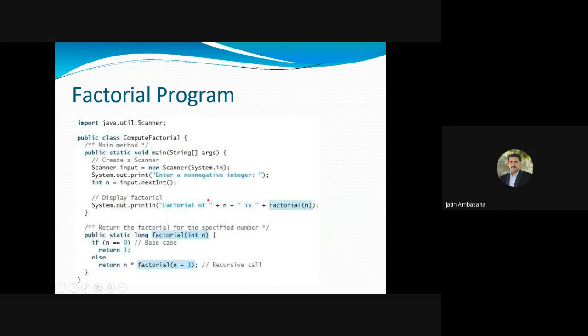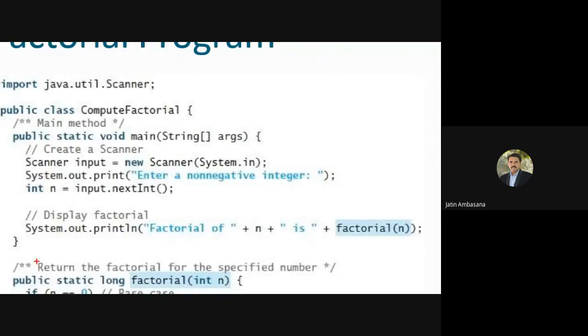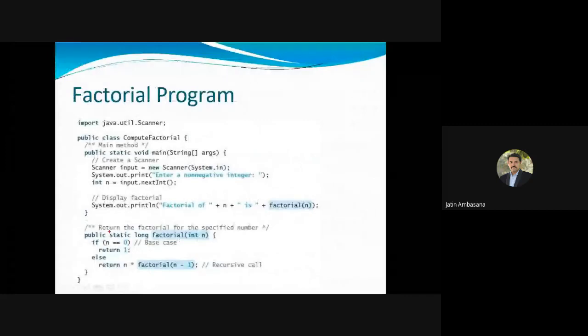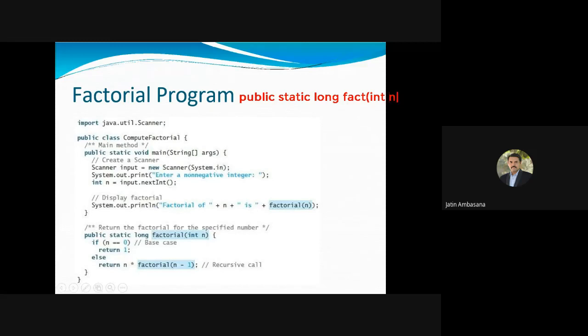In order to find the factorial, this is a program where we are using a recursive factorial method. But first I'll show you a simple factorial method. If I have public static long, let's say the method name is fact, and int n is passed.